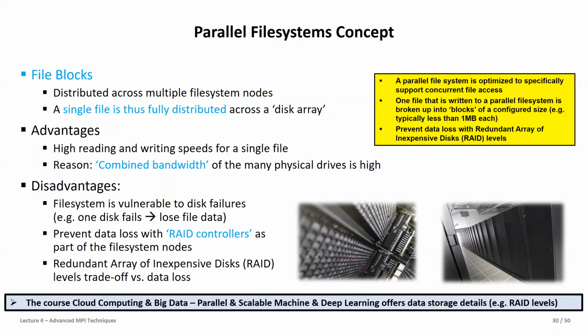A single file is totally distributed, which makes these file blocks. On the other hand, we have the advantage of still writing, so to speak, to a single file, and you have the combined bandwidth of many of these physical devices.